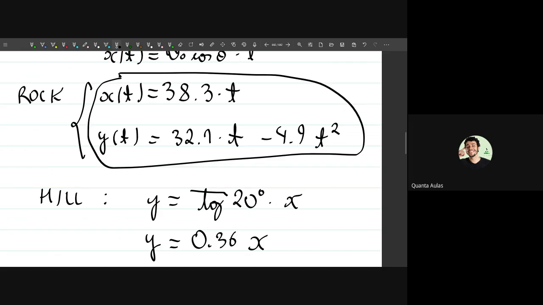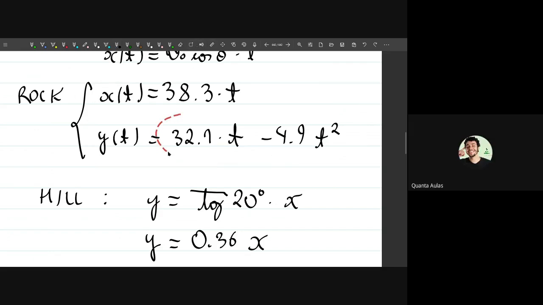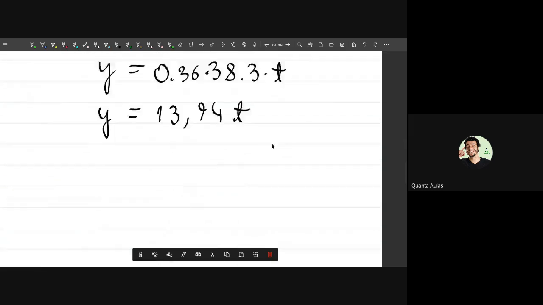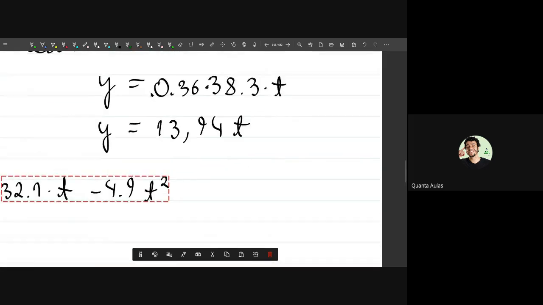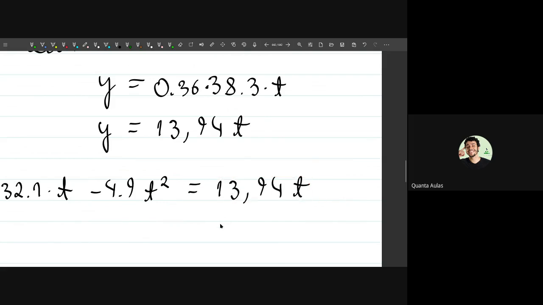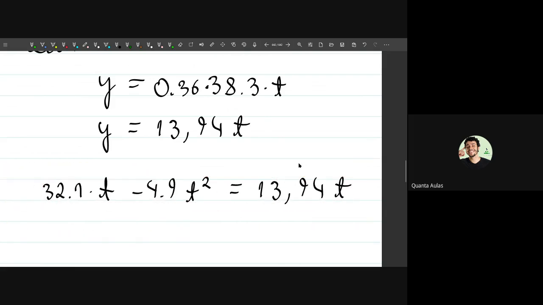If I set these equations equal, we will have the time where the rock encounters this hill.